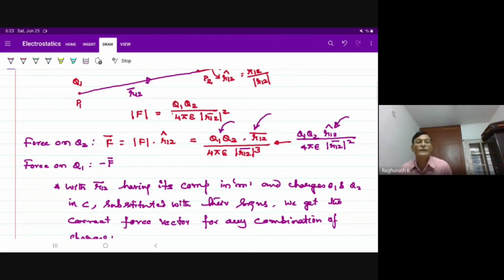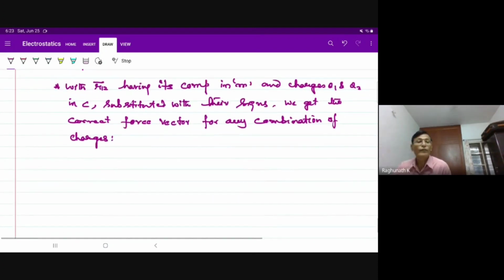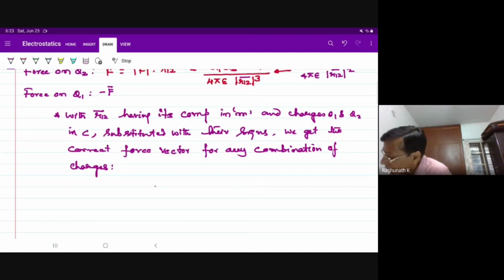Add them by components, because we know that so many vectors represented in the standard resolved form will have the resultant obtained by adding the respective components. This is one point. Check it. Any doubts here? Please ask.